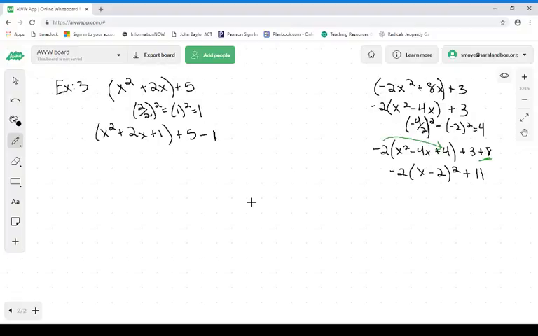Since I added the 1 here, remember, we want to zero it out. So you actually do the opposite sign there. We've created our perfect square trinomial. So we want to rewrite it as a binomial squared. So that's going to be (x plus 1) squared, and then the plus 5 minus 1, so plus 4.